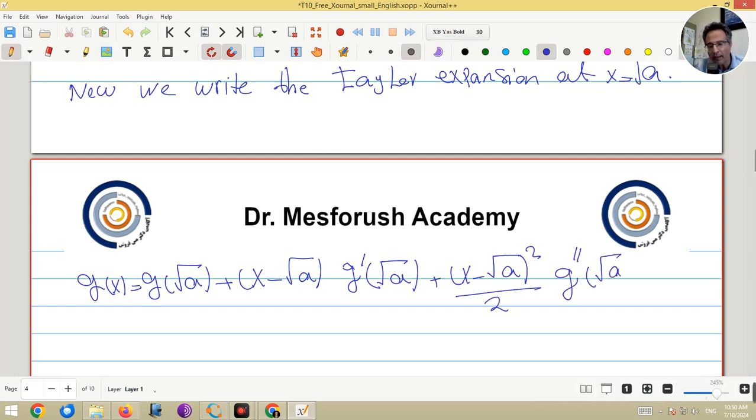Now we know that g(square root of a) is equal to the square root of a, and also we know that g prime at the square root of a is equal to 0.